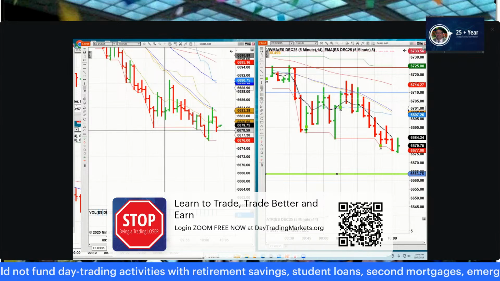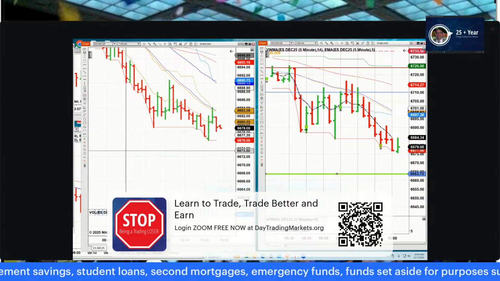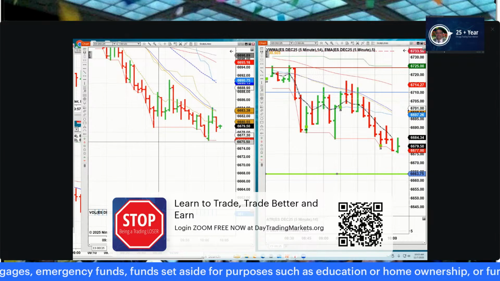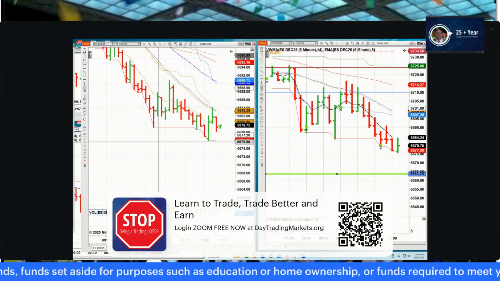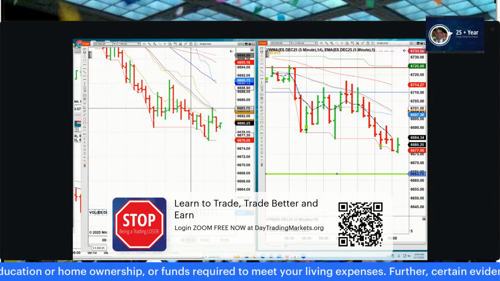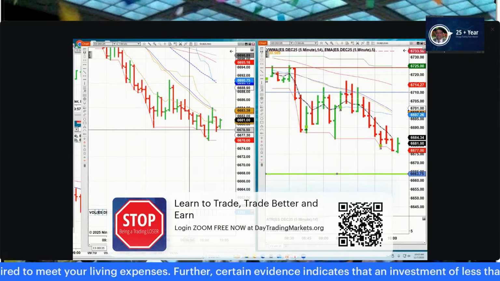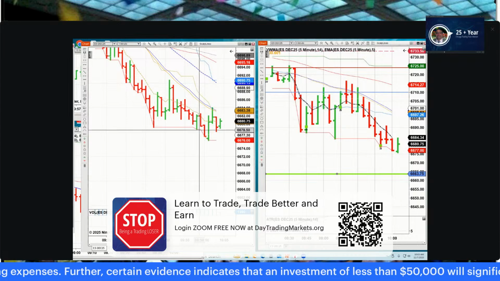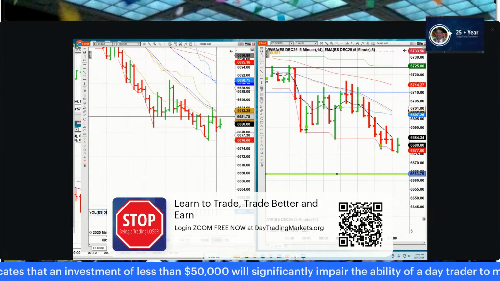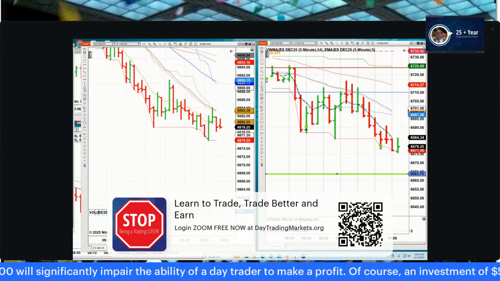That's getting me a little bit better entry. By the 78, you're looking at the 75 and you're looking at a 93 target. Upwards at 81.75, you know, too. 81.50.